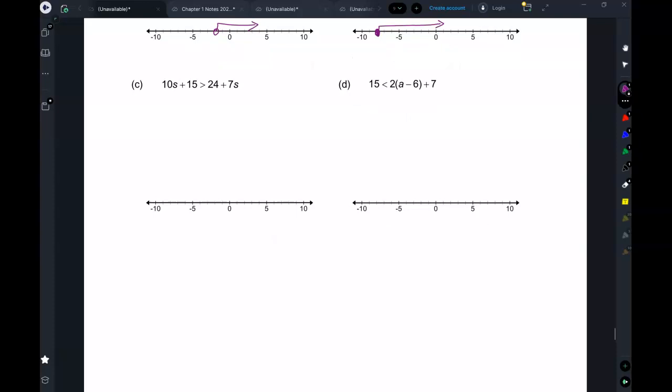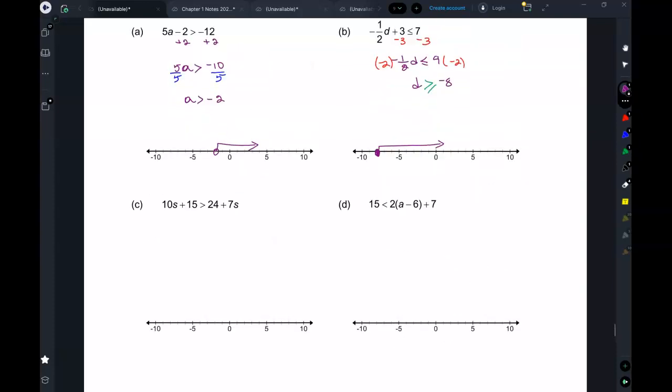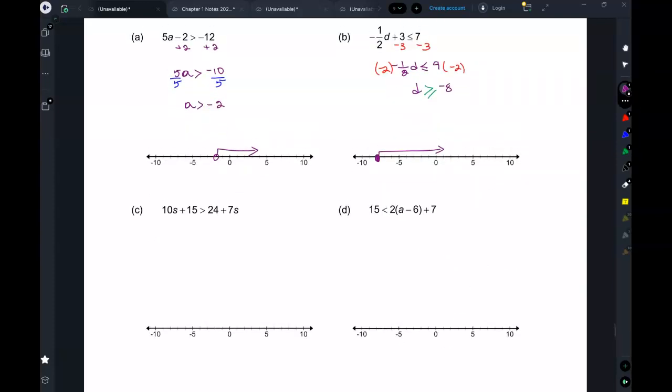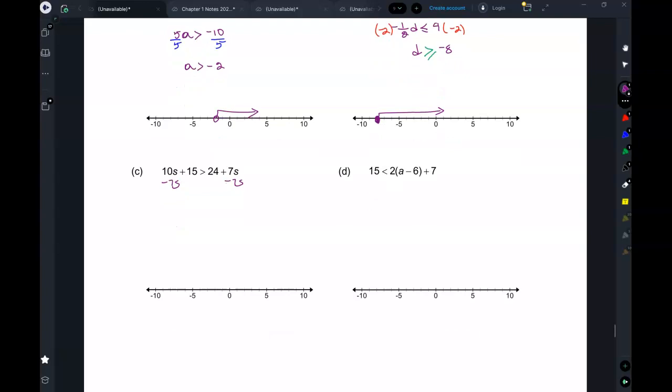Here, what am I going to do first? Okay, so let's subtract 7s from both sides. I could have also subtracted 10s, but then here I get a negative, and I always try to avoid negatives whenever I can, okay? So 3s plus 15 greater than 24.